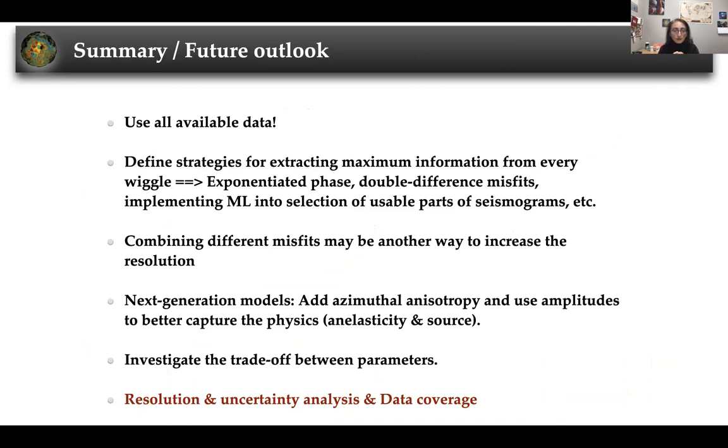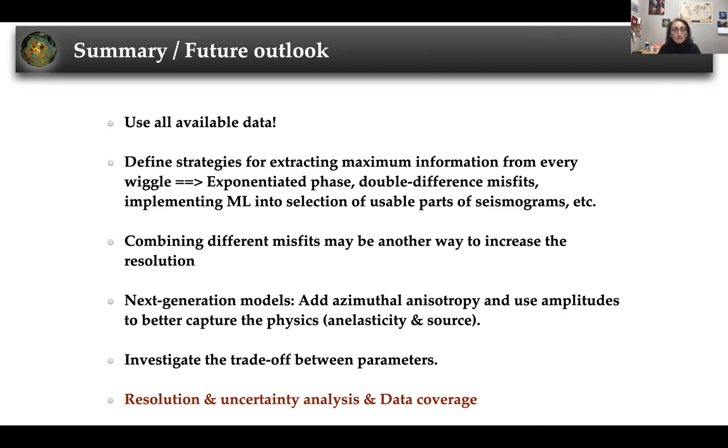So in summary, these are all our efforts to improve the resolution of Earth's interior, starting from the mantle, but now we are slowly moving into the core. The ultimate goal is to use all available data from all earthquakes and all seismic stations. And of course, to improve the data coverage, we also need to start using data from other potentially good receivers.